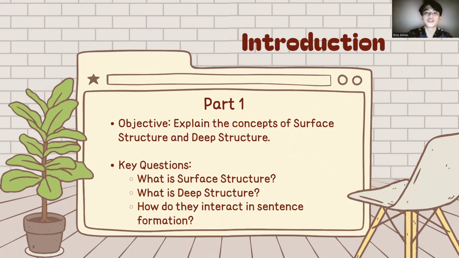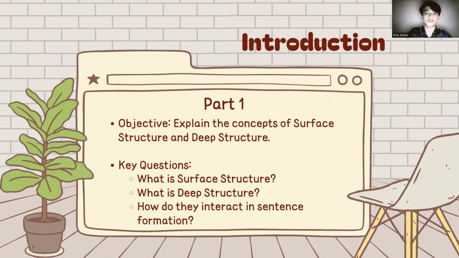Okay, so for the first one, introduction. These two concepts, surface structure and deep structure, help us to understand how sentences are formed, both in the structures and maybe in the meaning. This theory I got from Noam Chomsky in 1965 from his book, Aspects of the Theory of Syntax.